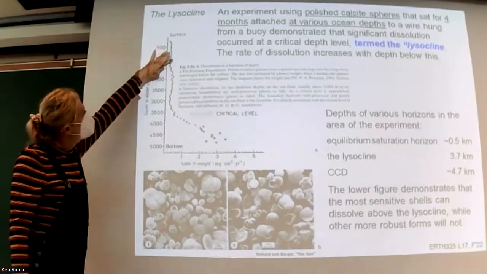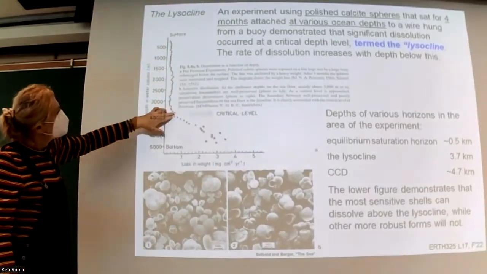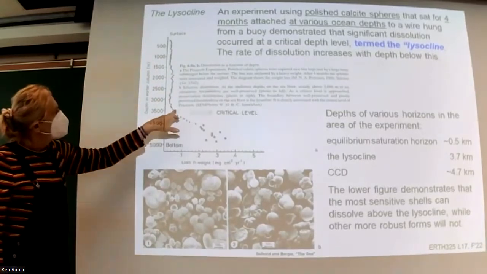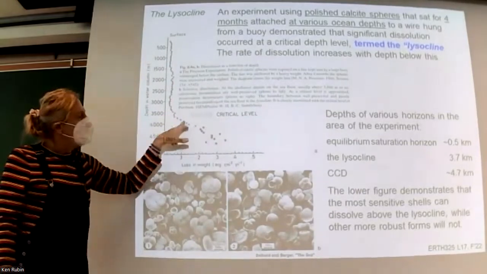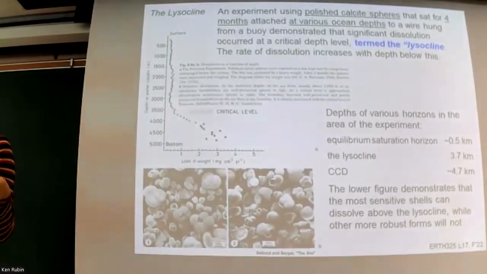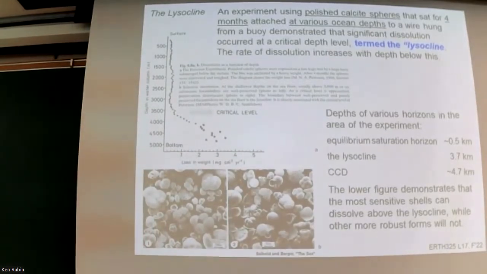And you can see as you come down, there's no weight loss and there's a slight bump up here in the mid-water depth. But in this particular location, around 3,500 meter water depth, we start to see this big excursion. Now this is shallower than the CCD, but this is where we start to see dissolution.